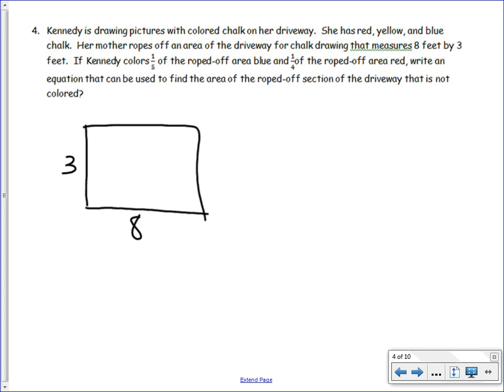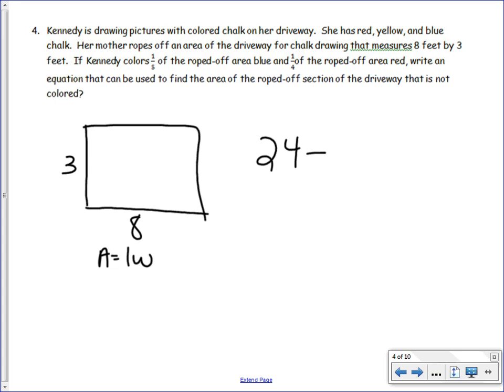That is helping me visualize what exactly it's going to look like. So, first of all, I'm going to start with the area of the driveway. The area of a rectangle, once again, is length times width. So I'm going to take 8 times 3, which is 24. Now, I'm going to take that 24 and then subtract out the areas that she colored red and blue, because that would be the area that is left over that's not colored.